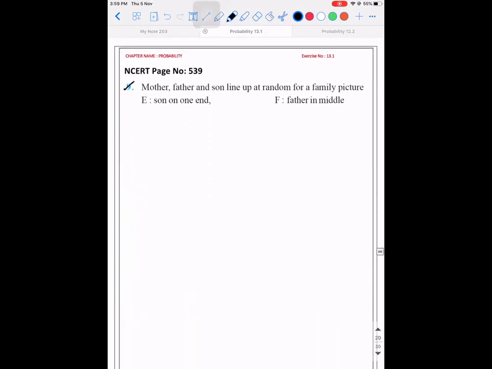Next one. Mother, father, son line up at random for a family picture. E is son on one end. So if the son has to be on one end, it can be SFM or MFS.